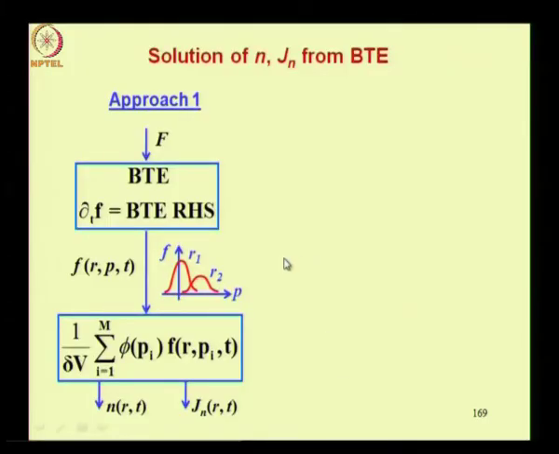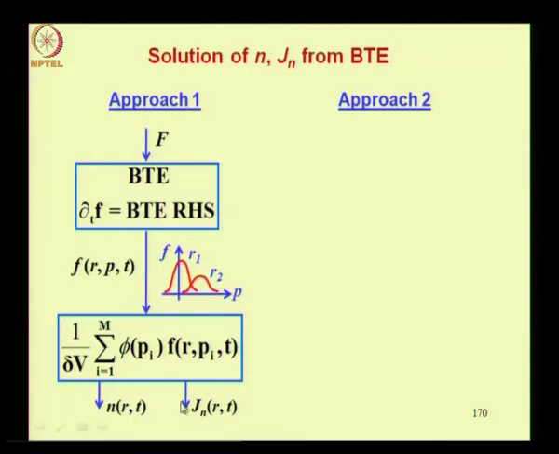So now what is the alternate approach? We exploit the fact that what we are interested in is n and Jn, and here you really do not need the momentum information ultimately, it does not appear in these expressions.